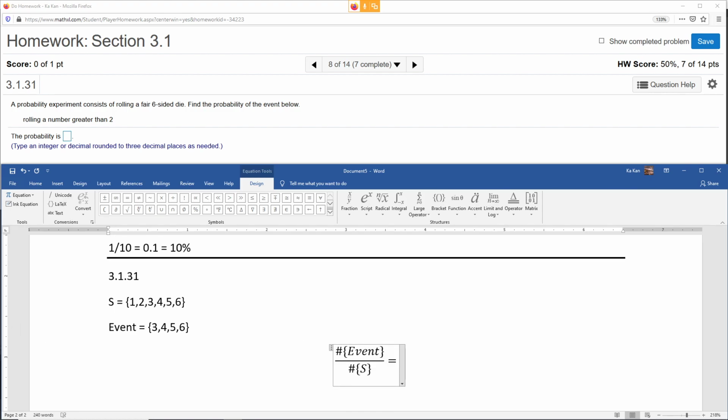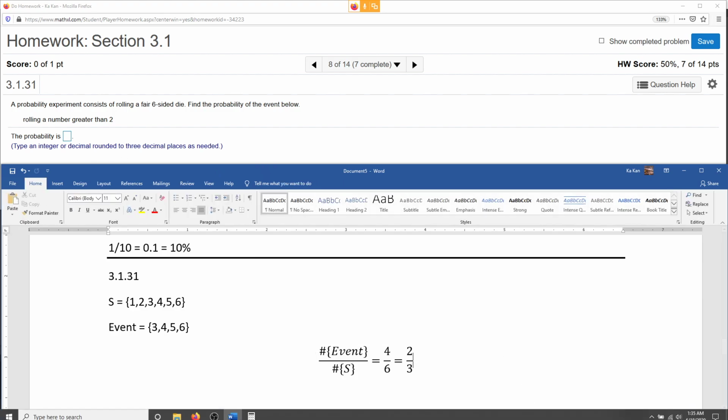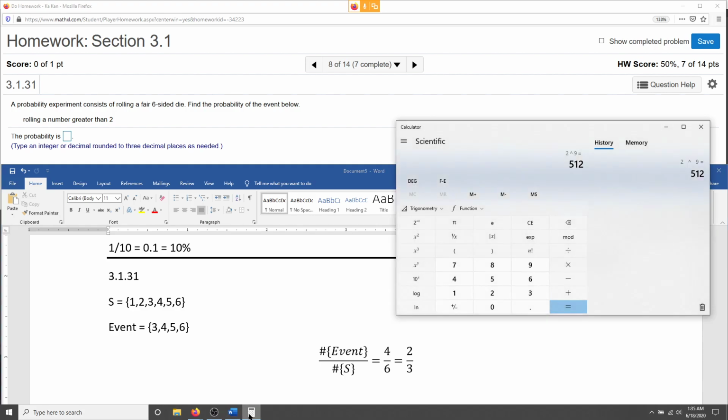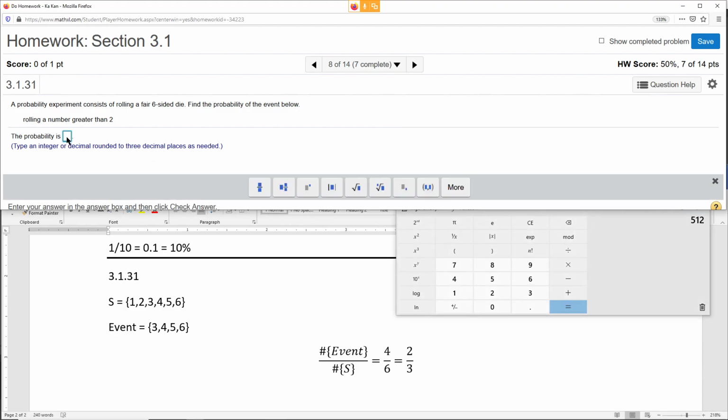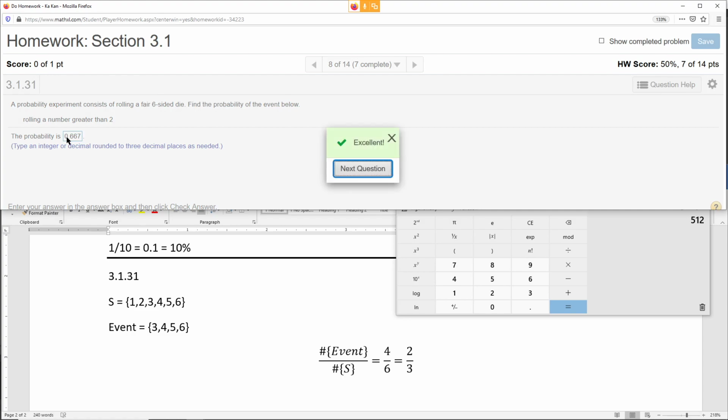Which is 4 over, and there's 6. Of course, that's not the answer, right? You have to reduce it, so 2 over 3, like that. Now, they want a decimal number from this, so they want you to round to 3 decimal places. You can of course use your calculator, right? So 2 divided by 3 is 0.67. So they want 3 decimal places, so there'll be 0.667. Right. Not too bad.